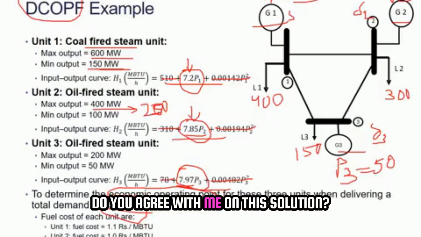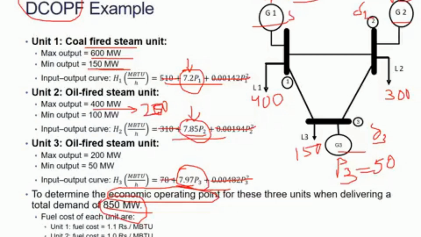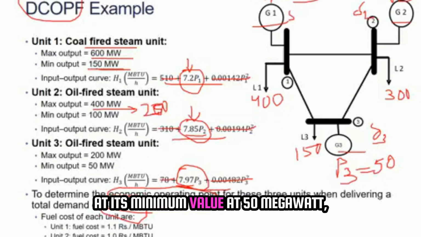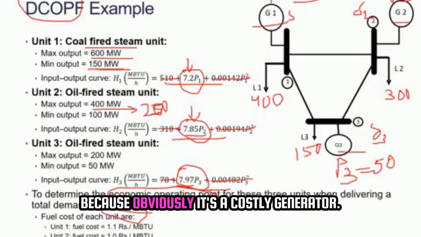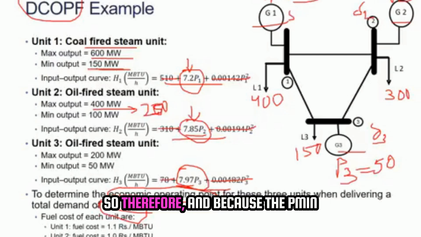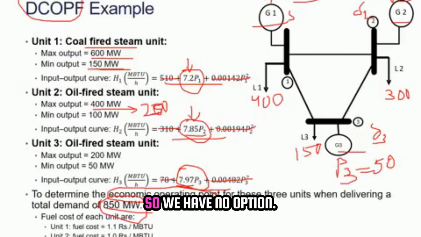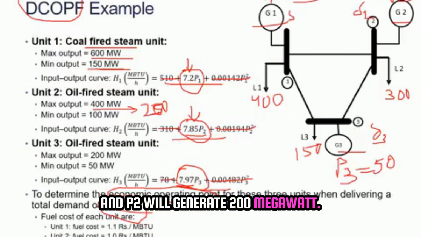Do you agree with me on this solution? Good. Do you agree with me that P3 will always remain at its minimum value of 50 megawatt, because obviously it's the costliest generator? Because the Pmin of the third generator is 50 and not 0 megawatt, we have no option. We have to run it at 50 megawatt, and P2 will generate 200 megawatt.